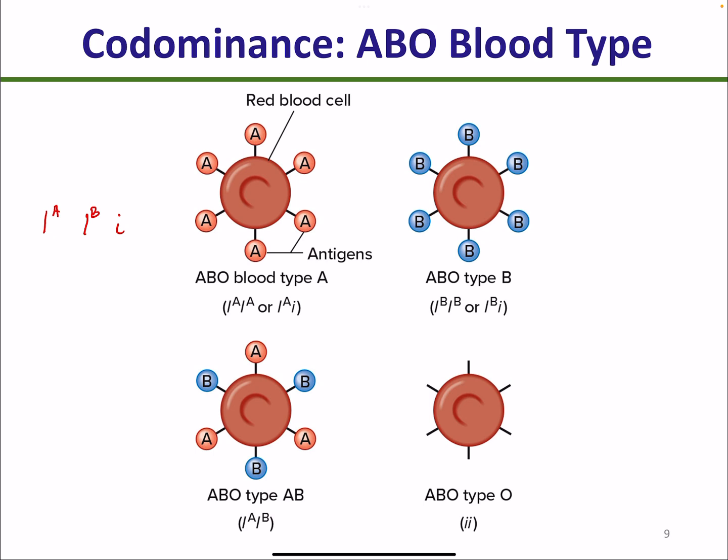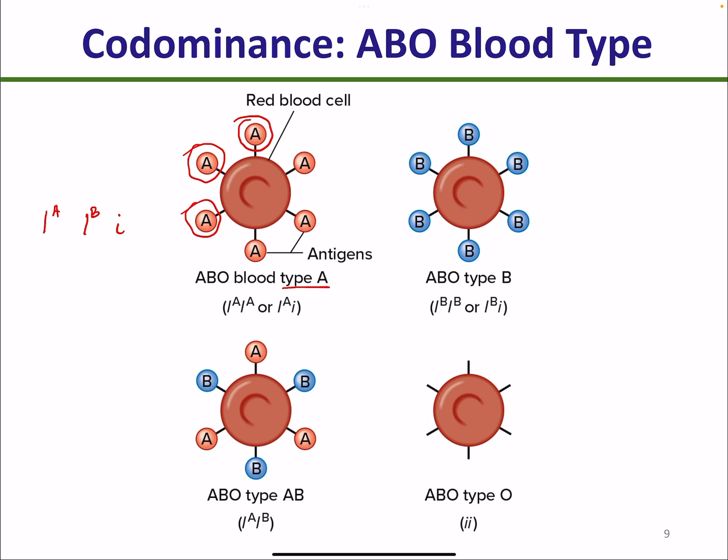Now, an individual who has blood type A is going to have an enzyme that causes the production of a protein with a sugar attached to that protein, causing an antigen, antigen A, to be present on the surface of the red blood cells, right?